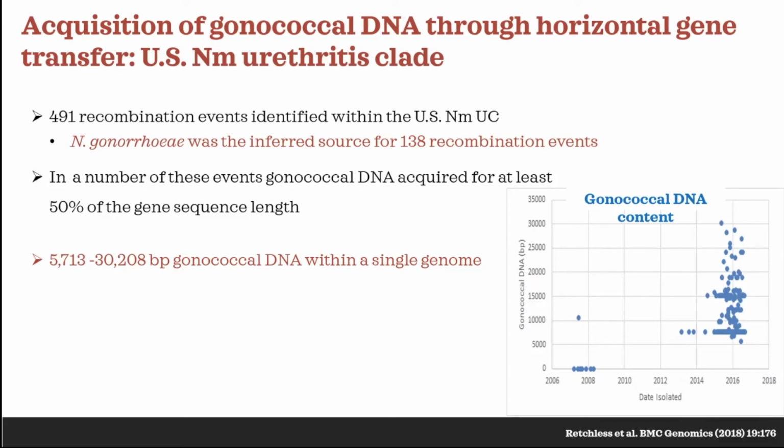In a number of these events, at least 50% of the gene sequence of interest had been replaced by gonococcal sequence, and the amount of base pair gonococcal DNA in a single genome ranged to a high of some 30,000 base pairs of acquisition of gonococcal DNA in these clade organisms, which is quite different from most other invasive meningococcal isolates.